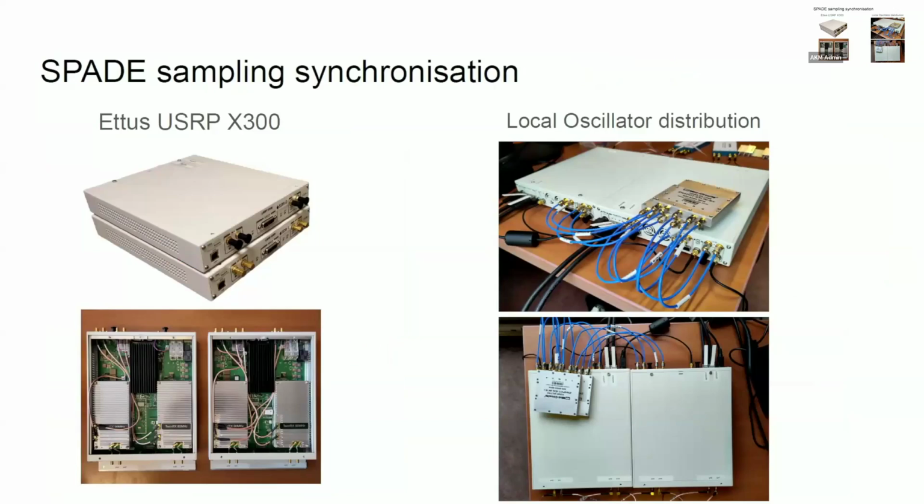But we had to synchronize the sampling of the channels to get a good synchronization in sampling and to allow us to sum the signals. So for it, we decided to use the local oscillator of 1 channel to share it with a splitter to the other channel, and that allows us to get the same clock for each SDR without using an external clock.